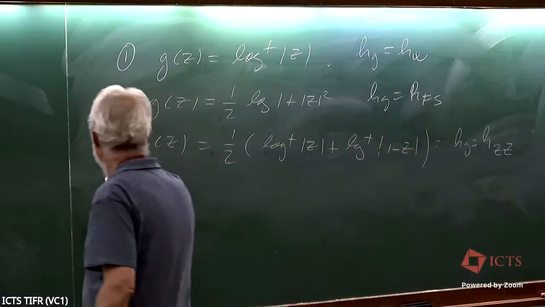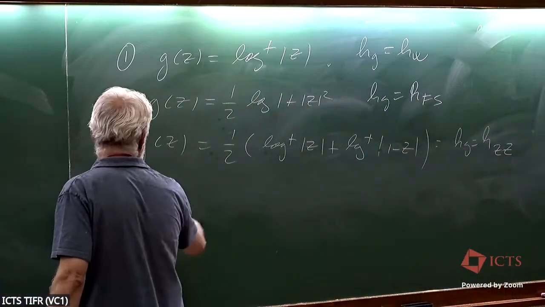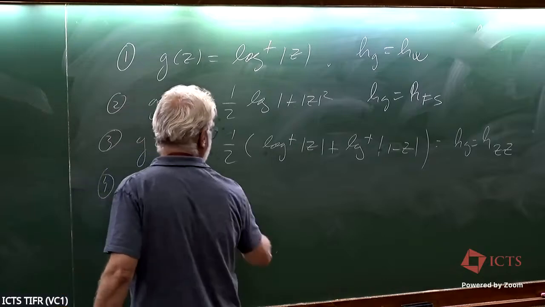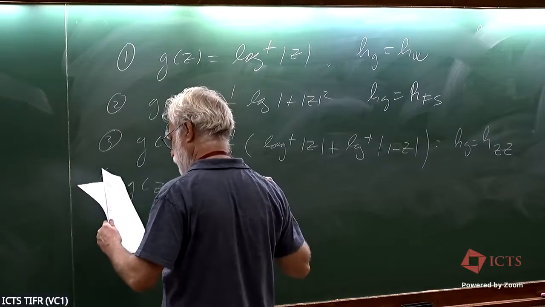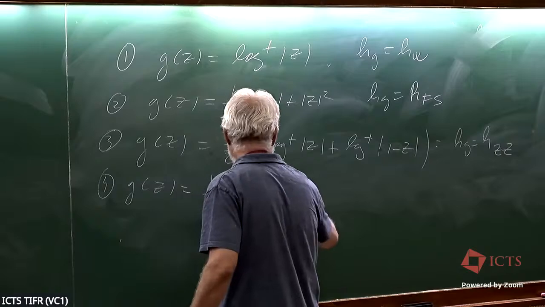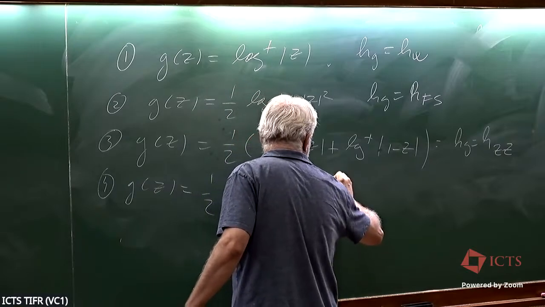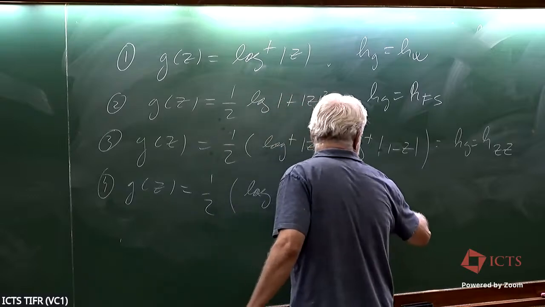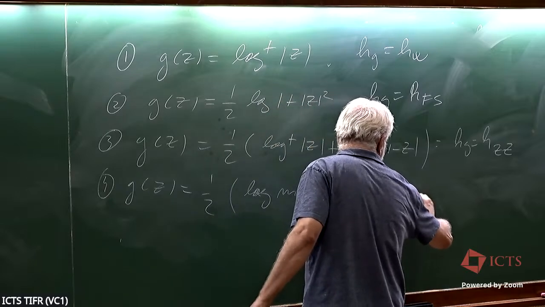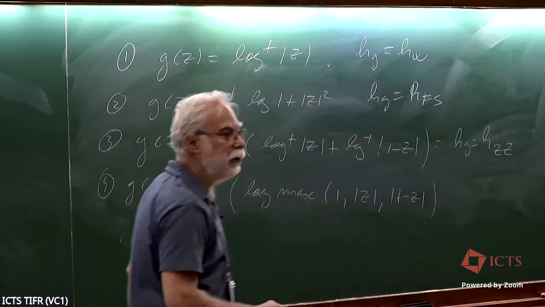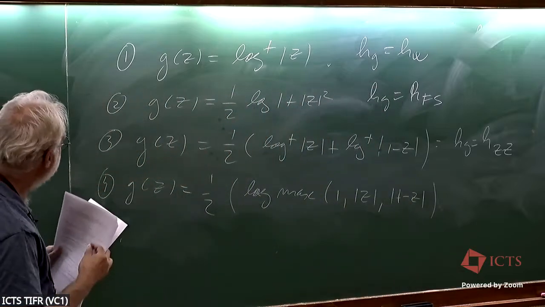Then the fourth example is g of z to be 1/2, and now it is the log of the max between the absolute value of z and the absolute value of 1 minus z. And this was also introduced by Zagier, and is just a symmetric version of this one.